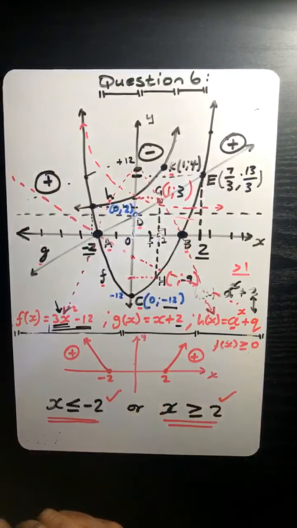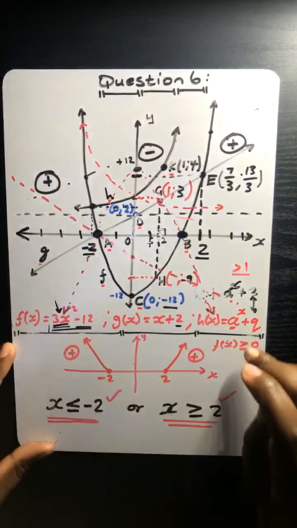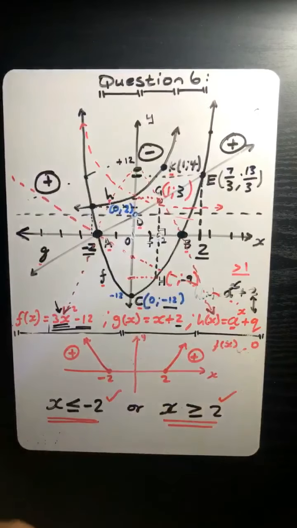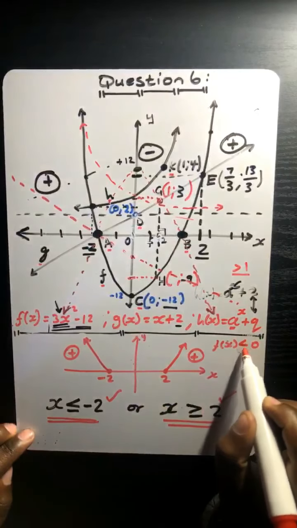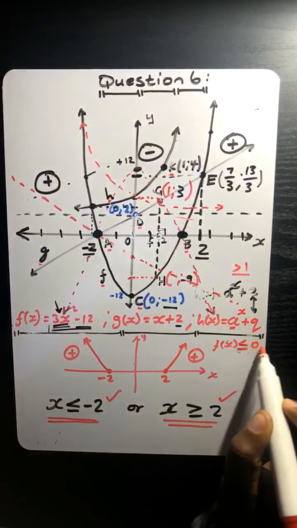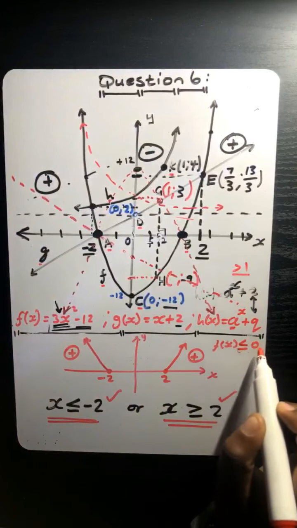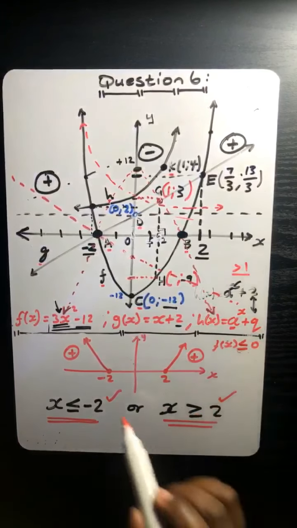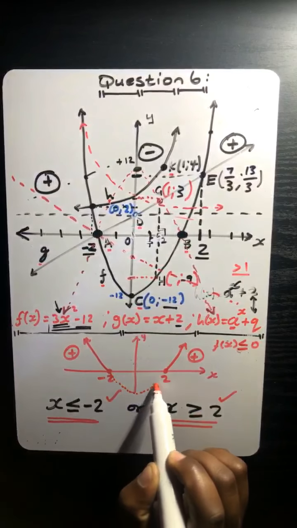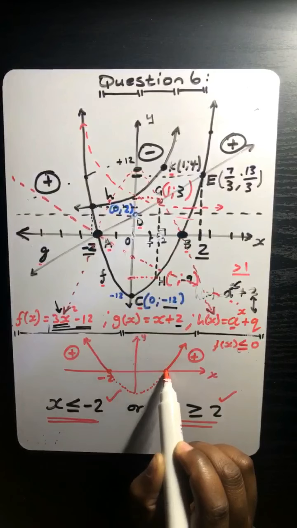Yes, I'm answered. 100%. So what if maybe they said where f of x is less or equals to 0? If they say where x is less or equals to 0, that means they are actually now asking about this portion, which is between -2 and 2.